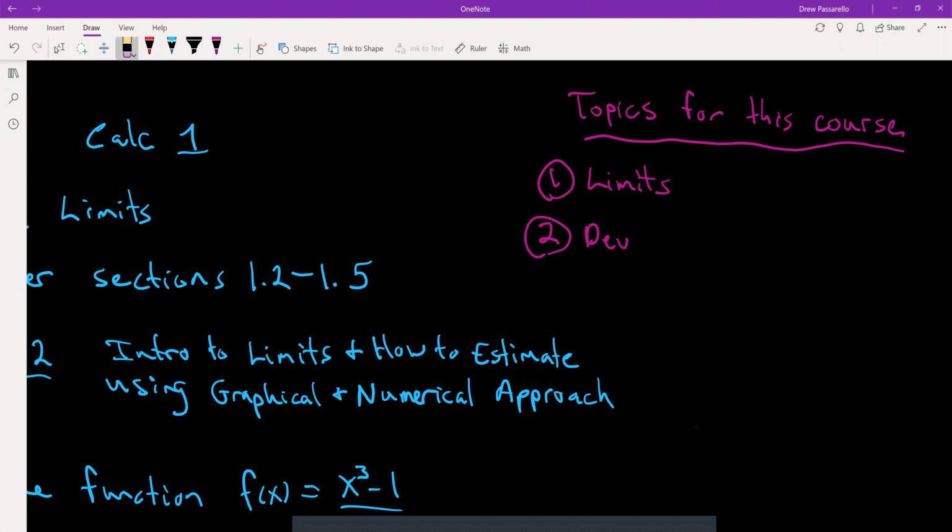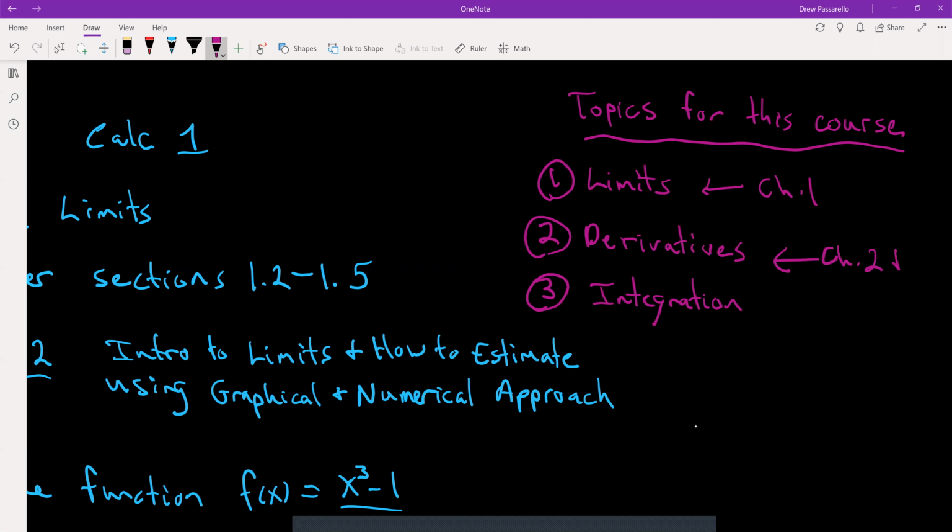And the third thing is integration. So limits, this is chapter 1. Derivatives is chapters 2 and 3. And then integration is chapter 4.